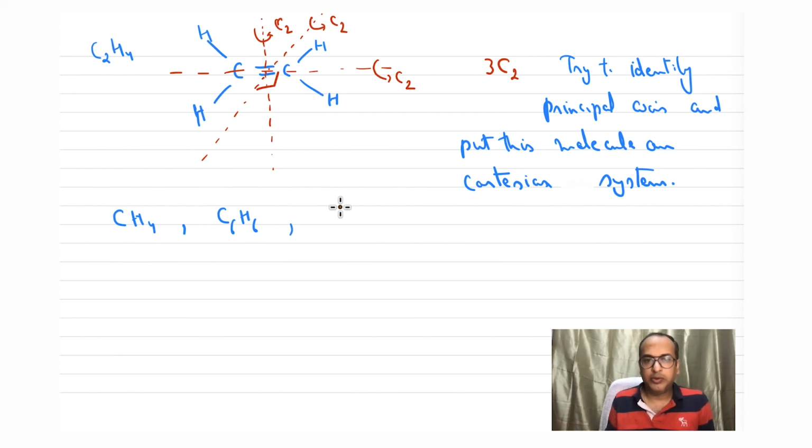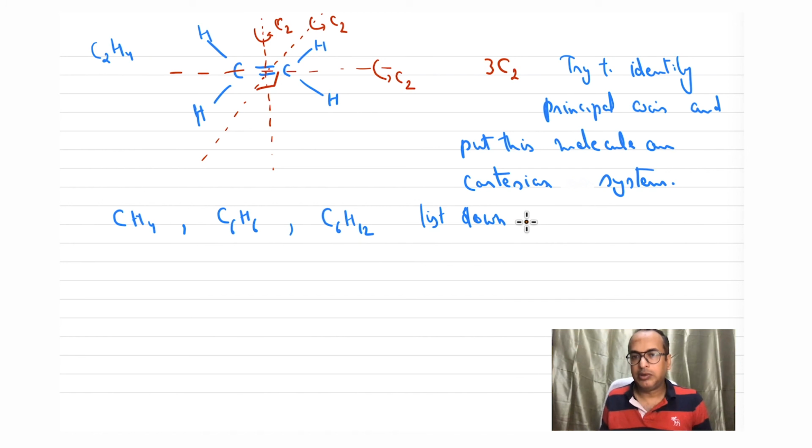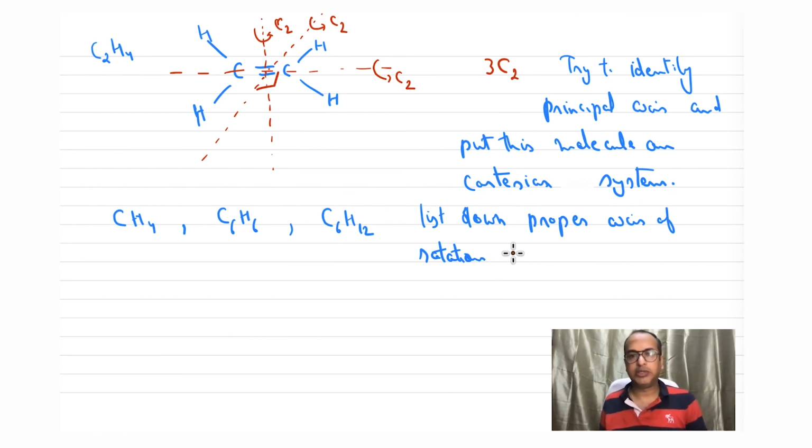Let's also try to do C6H12, both the forms, boat and chair, so cyclohexane, both the forms, and try to list down the proper axes of rotation, and then find the principal axis and put the molecule on the Cartesian system. See if you can do it.